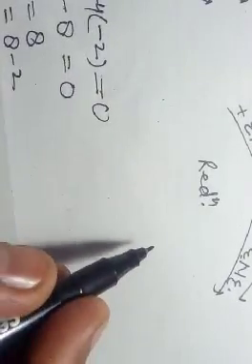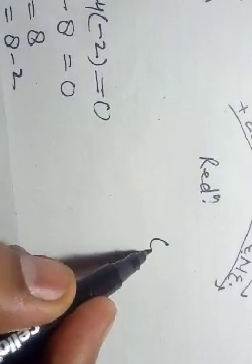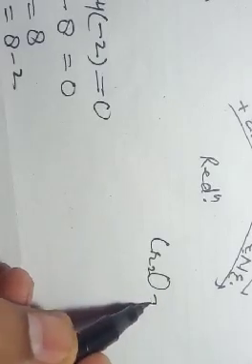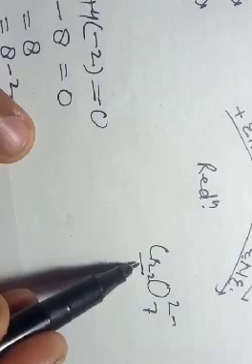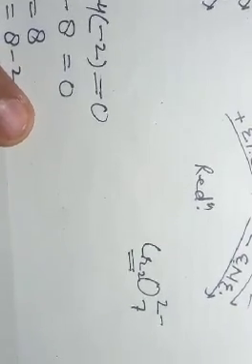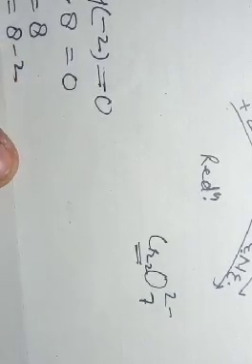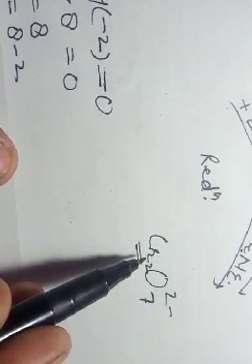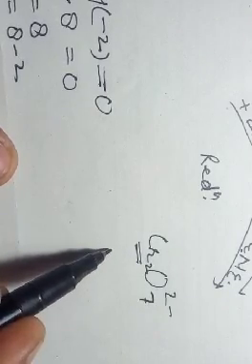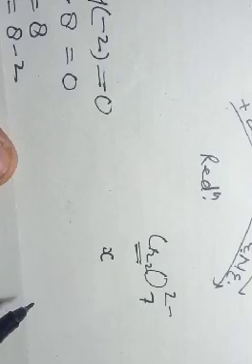Okay students, next example, Cr2O7 2-. This is the dichromate ion and we want to calculate the oxidation state of chromium. Let the oxidation state of chromium be x.